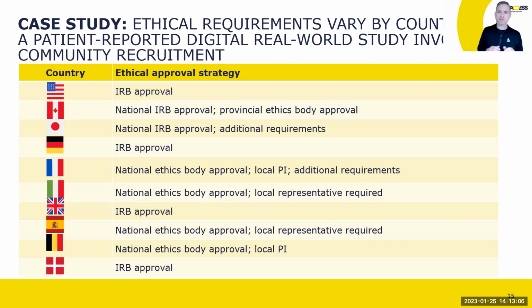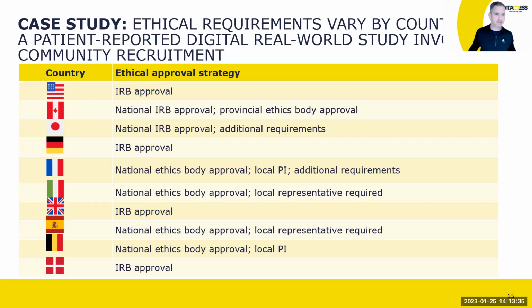So just as one example, really. A rare disease study that's been launched globally. It's a community recruited study, so not a traditional site study in most countries, although there are some variations in that. So in some of these countries that you see, an IRB approval was sufficient.